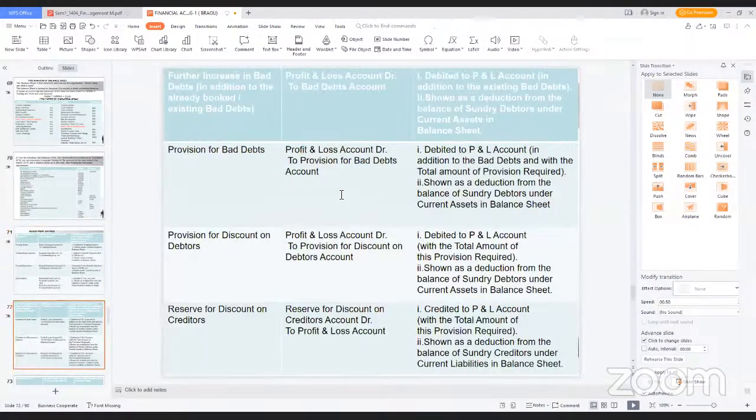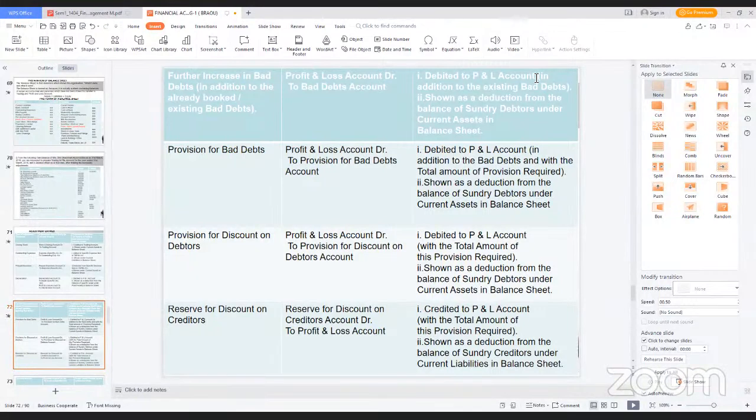Next, further increase in bad debts, meaning in addition to the already booked existing bad debts. So that is profit and loss account debit to bad debts. You will be writing this bad debts in the profit and loss account on the debit side. How do you write it?